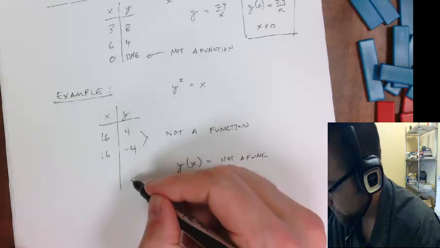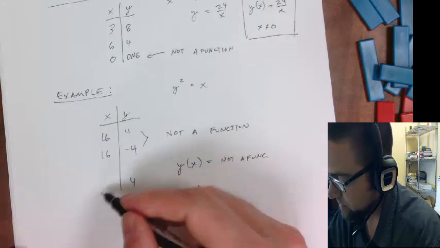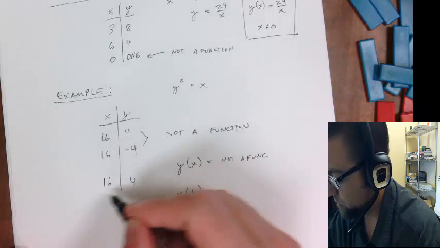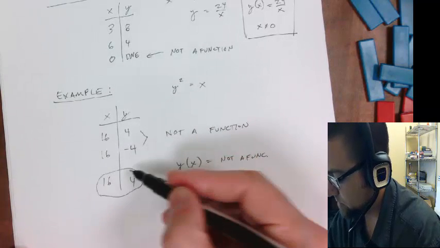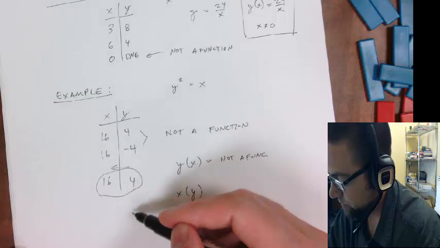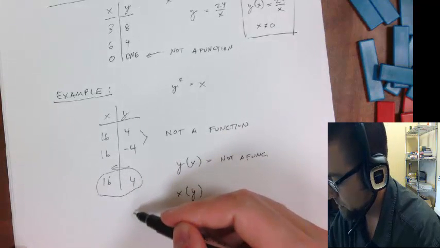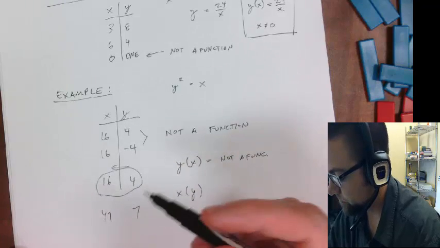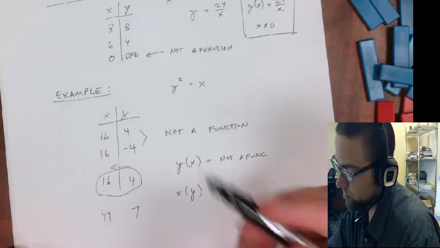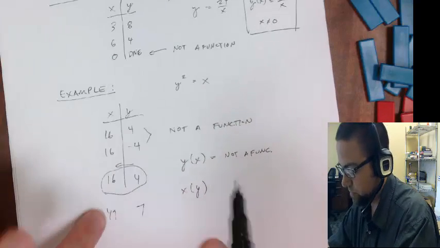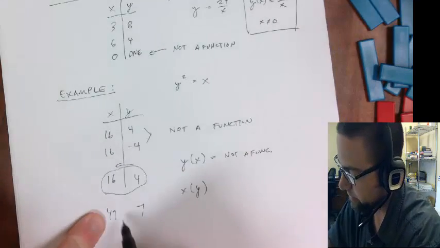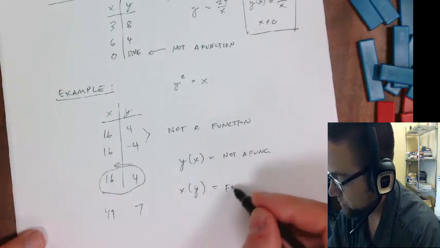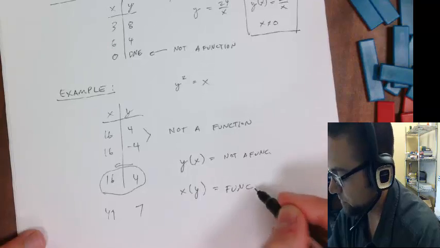Let's say I plug in 4 for y. Then what value do I get out for x? 4 times 4 is 16. And there's only one value that gets produced going that way. If I plug in, I don't know, 7, then 7 squared is 49. So I'm okay. But if I initially put in 49 for x, I could get 7 or I could get negative 7. So x of y is a function, but y of x is not a function.